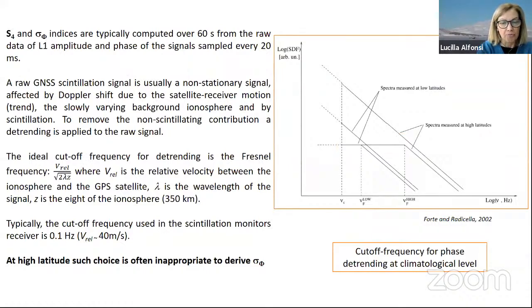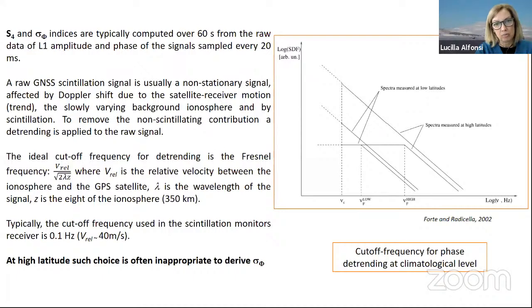A little bit of summary about the meaning of amplitude and phase scintillation and what we can derive from a spectral analysis of the raw signal received at ground.